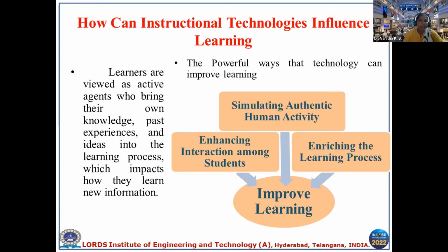Simulating authentic human activity is explained through three concepts: problem-based learning, inquiry-based learning, and project-based learning. Problem-based learning uses technology to create conditions that are similar to real life and encourages students to gain new knowledge.